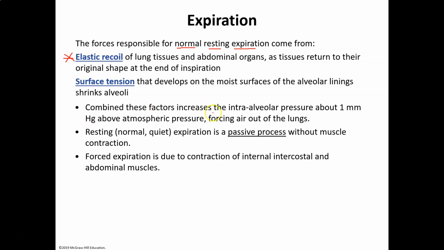So you combine these factors. Combined factors increase intra-alveolar pressure about 1 millimeter of mercury. That's a tiny little pressure, but that's enough. Resting, normal, quiet expiration is a passive process. You don't need muscles to breathe out passively when you're at rest.